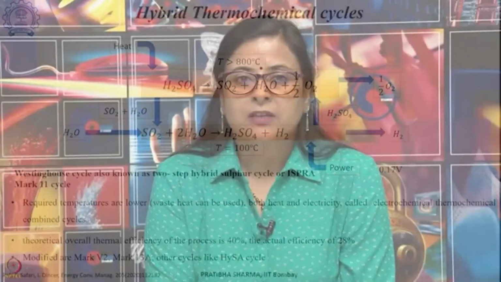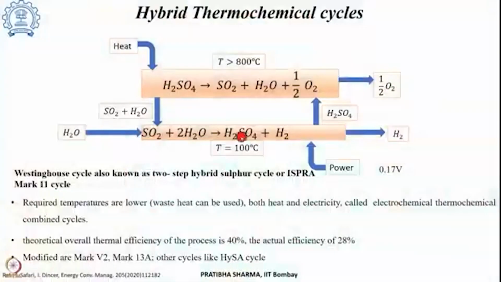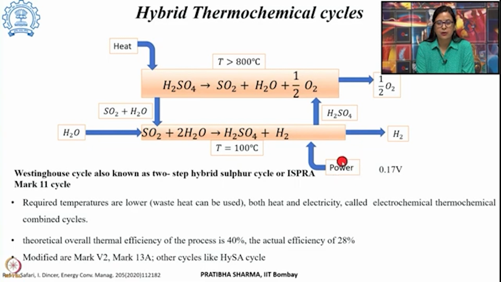If we look at the hybrid thermochemical cycle, as I mentioned, other than the heat input, there could be input in terms of either electrical energy or photonic energy from light. Here is one of the modified sulfuric acid cycles, which involves only 2 steps.